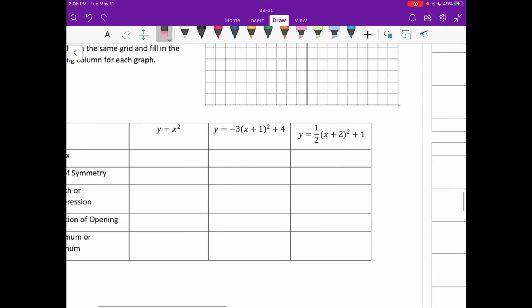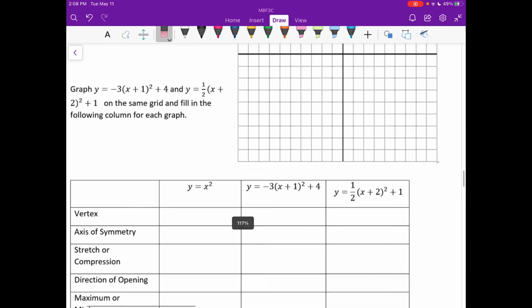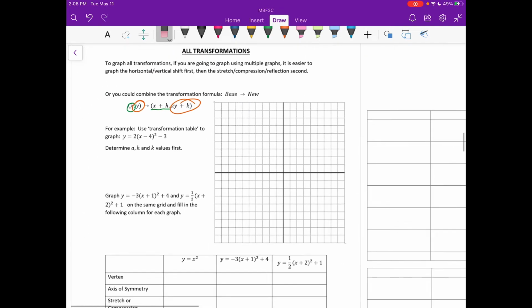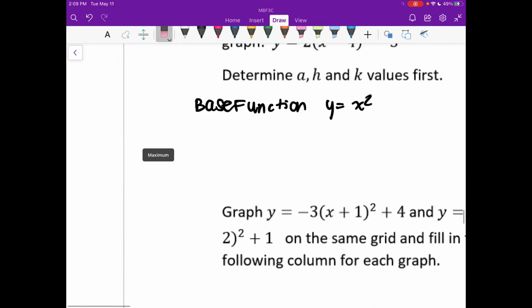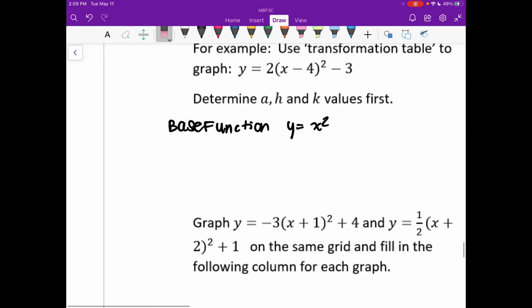Okay, so I'm going to go in and I'm going to say, okay, what's my original points? So I'm going to just point in my original formula and my base function. So our base function is going to be y equals x squared, right? And I'm just going to go in and write down what my table of values is.